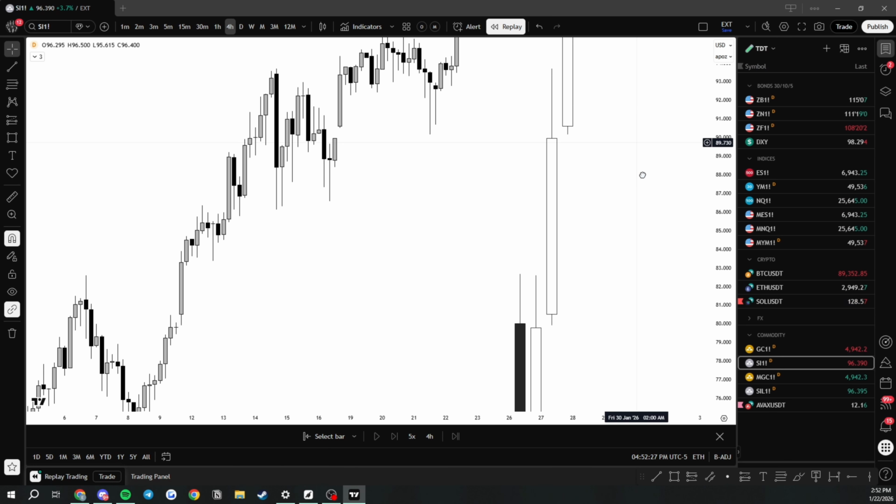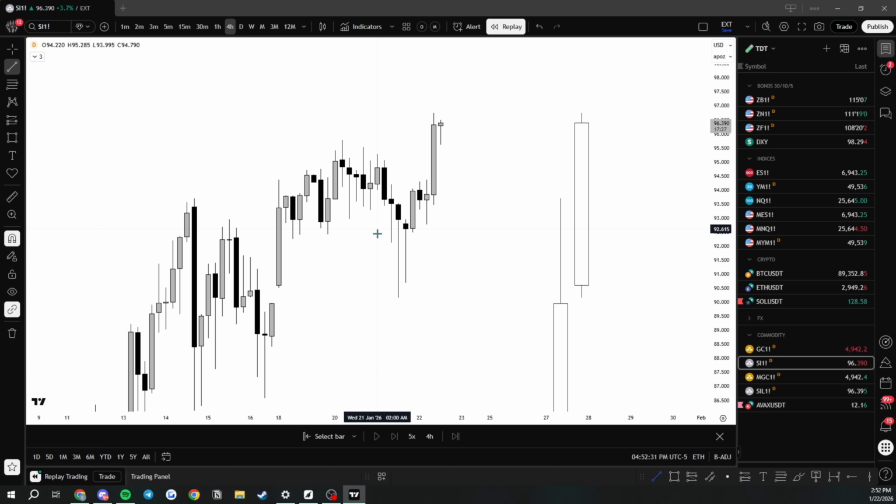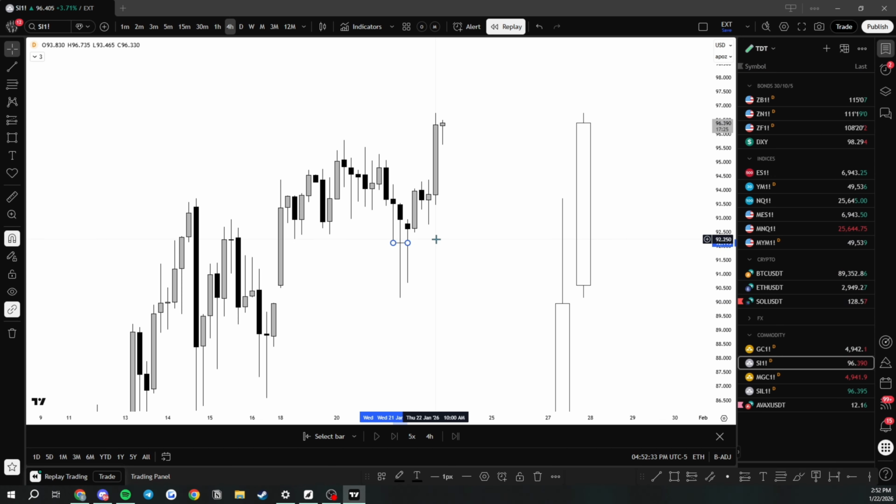But I was pretty much saying the same thing about silver, which was right here, right? Get ready because we're moving into this fair value gap here, and we're putting in the low, right? We're closing back inside candle 1, reversal candle, bang.